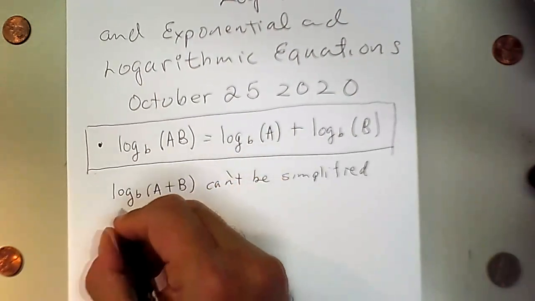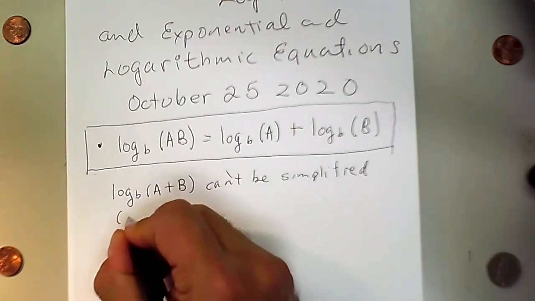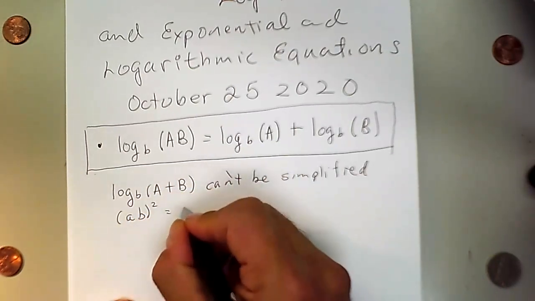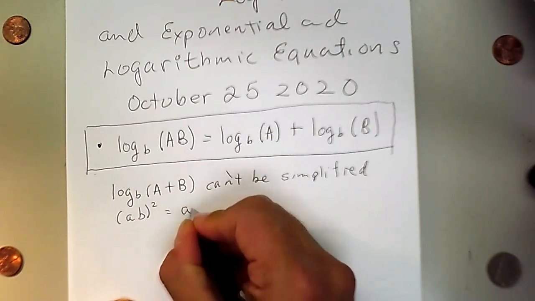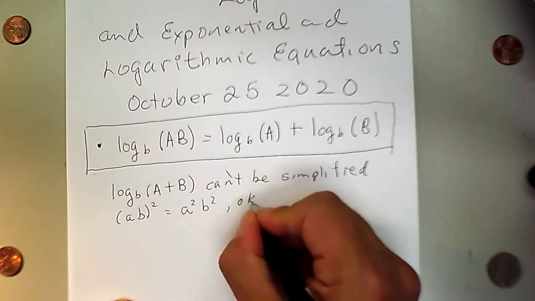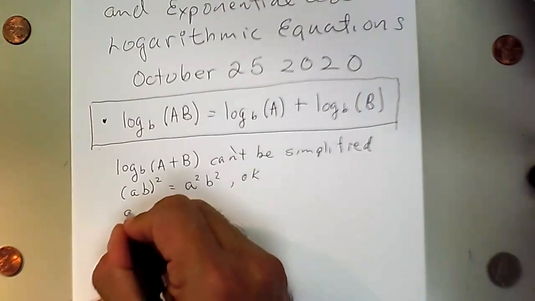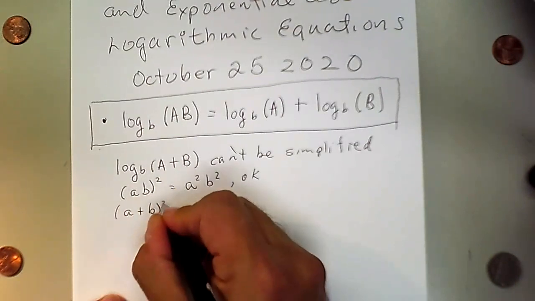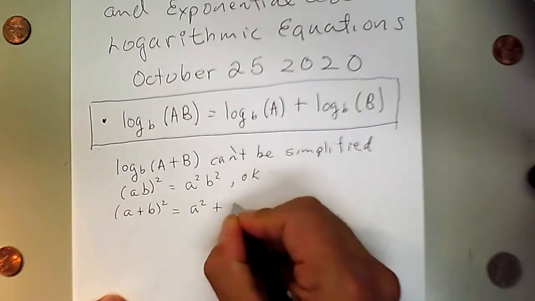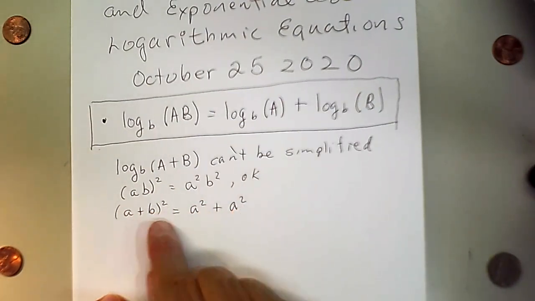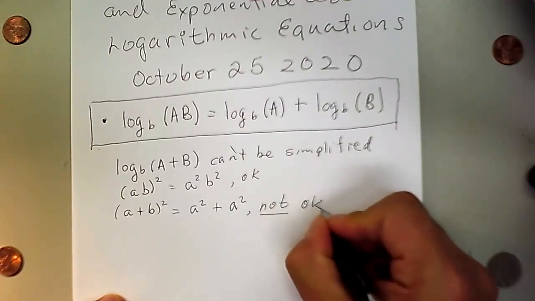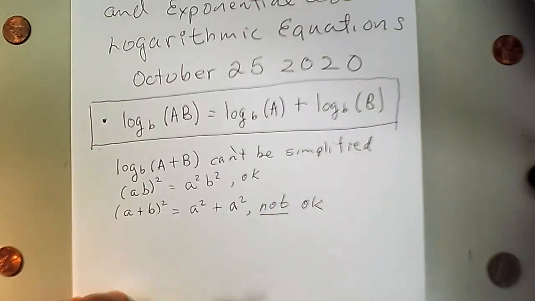It's a different example. So for instance, you have ab squared, and we can distribute this square with no problem. That is okay. But if we have the addition and we square that, we cannot simply distribute the exponent. That is not okay, not okay, not okay.